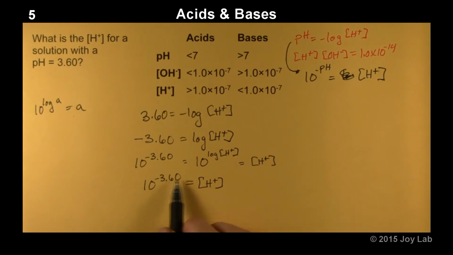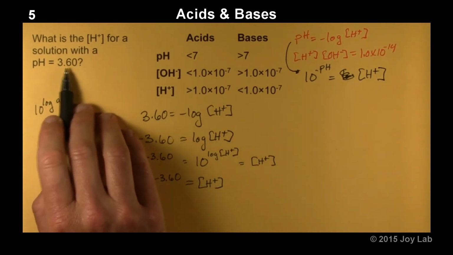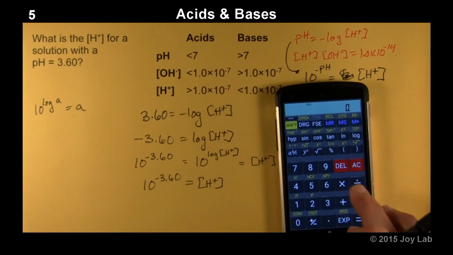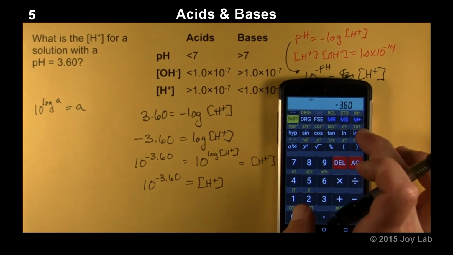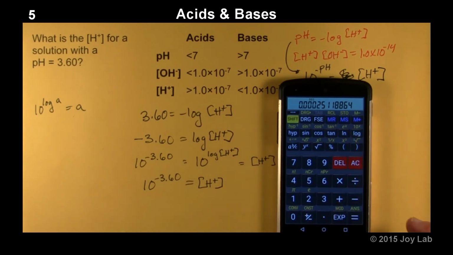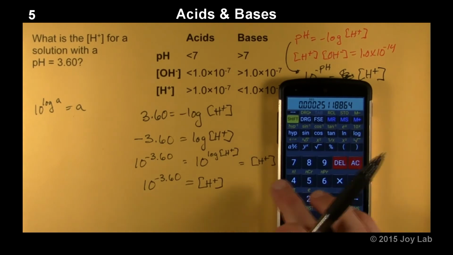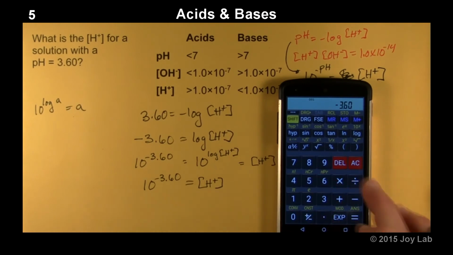We're good to 2 sig figs, because this is the result of a log function, so it's everything after the decimal point. So I have two significant figures. I'm going to say 3.60, change the sign, use my 10 to the x key, which incidentally is the same as my log key. That's no coincidence. Did I make it negative? It looks like I did, but just in case, 3.60, make it negative, second, 10 to the x.